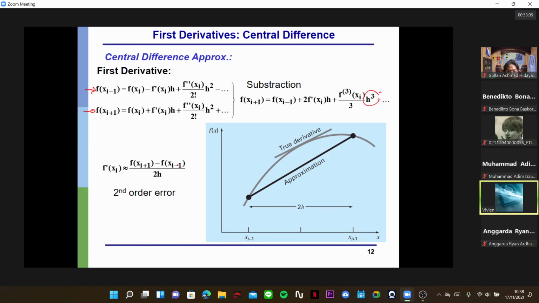So it means that this is second order error. With central difference, we see here that the lowest accuracy will be second order, while for the forward scheme and backward scheme, the lowest accuracy is first order. Okay, so this is the difference.